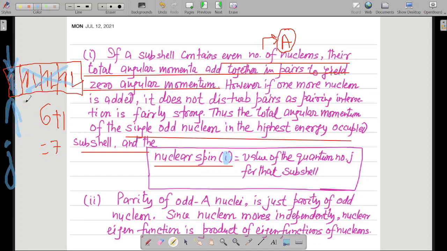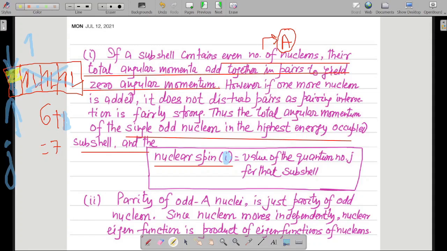So this odd nucleon, 6 plus 1, that is the odd nucleon which was single, not paired up, that is responsible for nuclear spin, okay. And the value of nuclear spin I will be equal to the value of quantum number J for this particular subshell, which I am marking in yellow color.